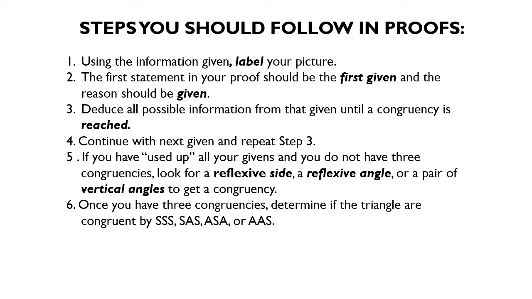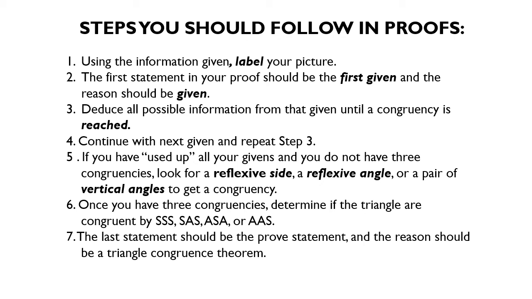But prior to this one, in the very first part of proving, you should know the answer already given the information. Parang backward yung process natin. Now, the last statement should be the proof statement, and the reason should be a triangle congruence theorem. Sige, let's demonstrate the following steps given the example.